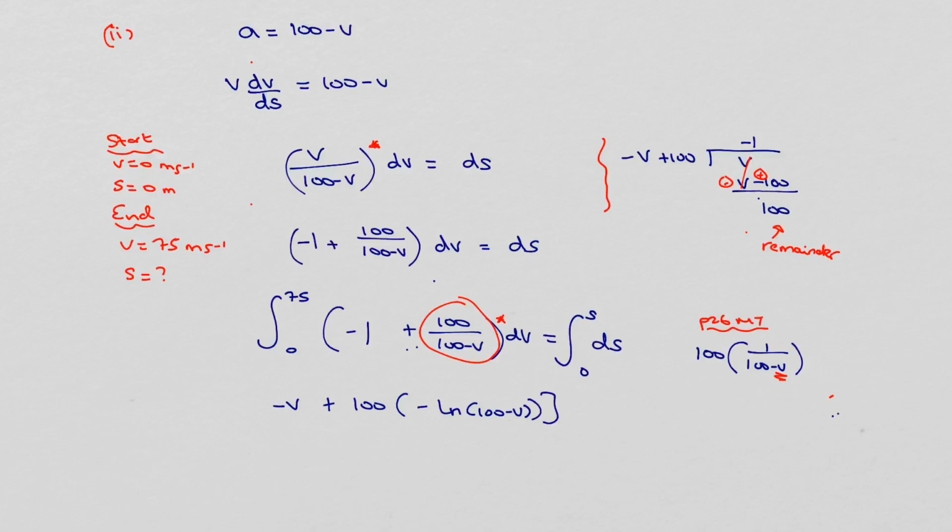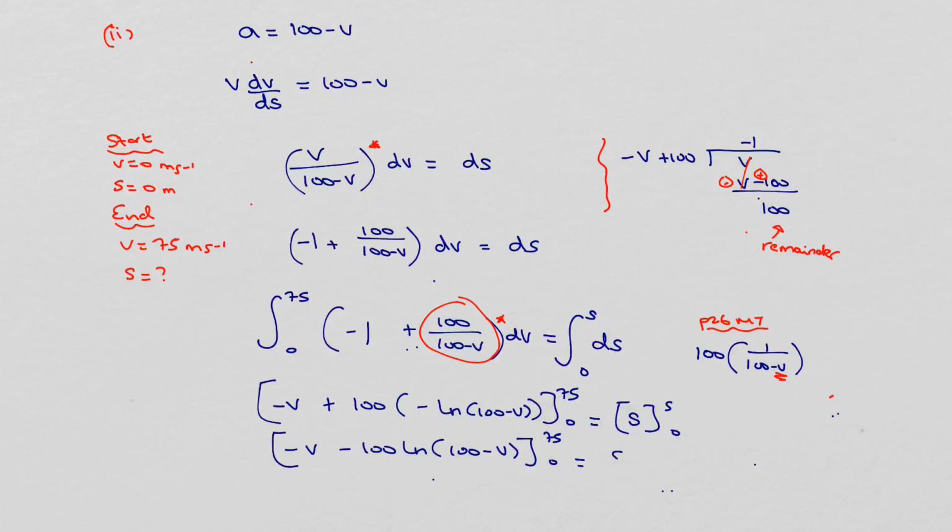And that's within the limits of 75 and 0. If I integrate the right-hand side there, then I get s within the limits of s and 0. So if I just tidy up the left-hand side, that's minus v minus 100 natural log of 100 minus v within the limits of 75 and 0.